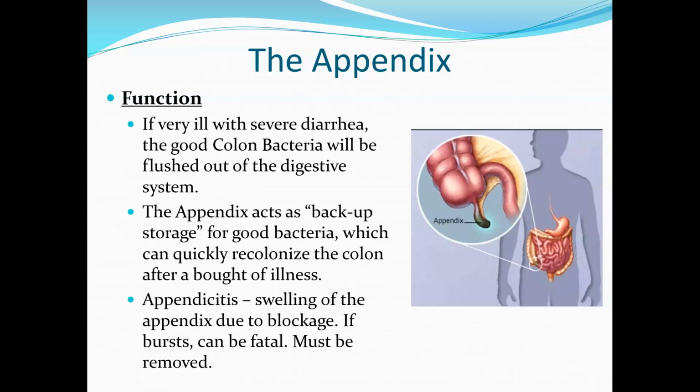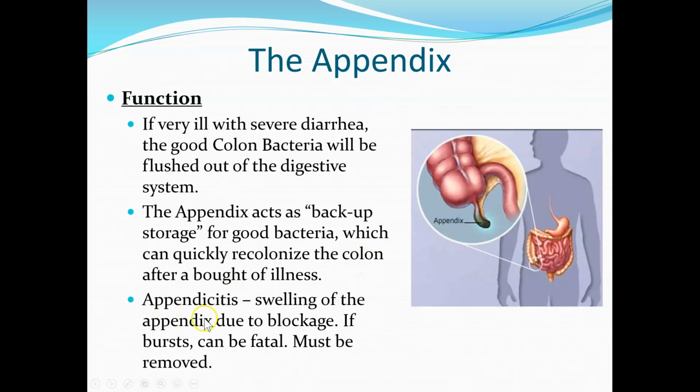If we are very ill with severe diarrhea, the good colon bacteria will be flushed out of our digestive system, especially when we use antibiotics for other illnesses. The appendix is there to have a backup of good bacteria that your digestive system needs. And it quickly recolonizes the colon after a bout of illness. It recognizes that there's not enough, and it produces and releases the bacteria.